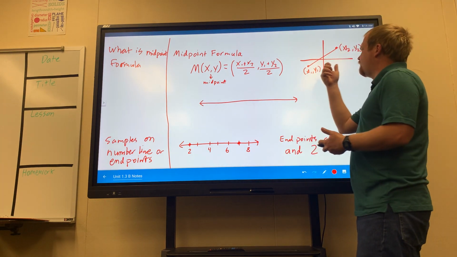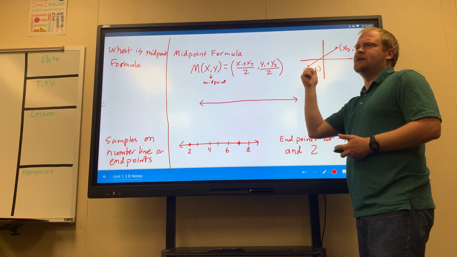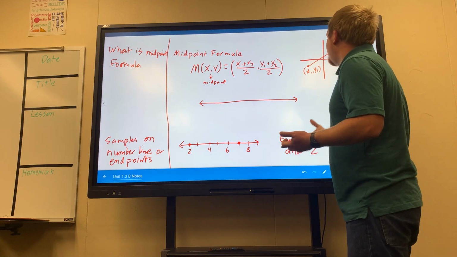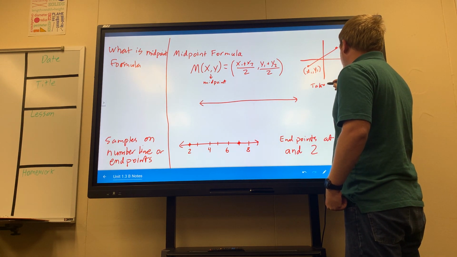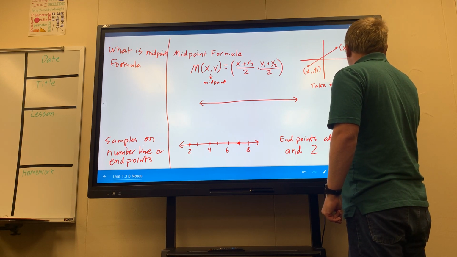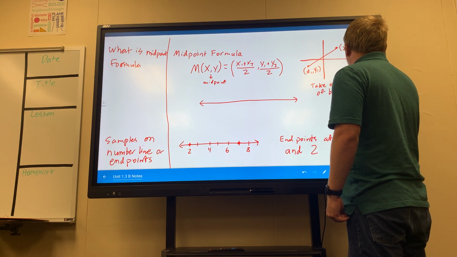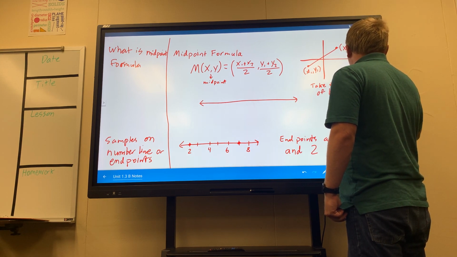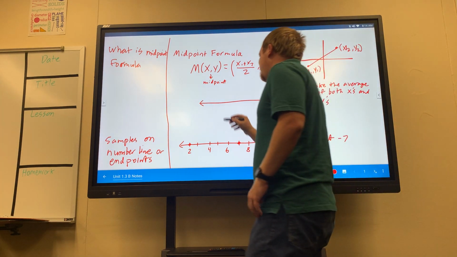So in order to figure out the midpoint on a graph, we just gotta take the average of both x's and y's.